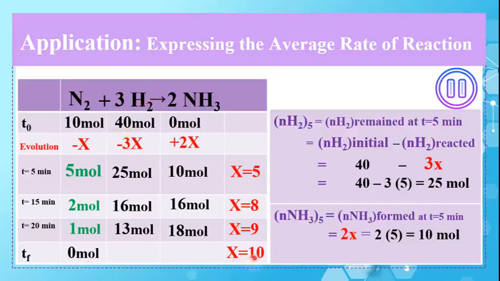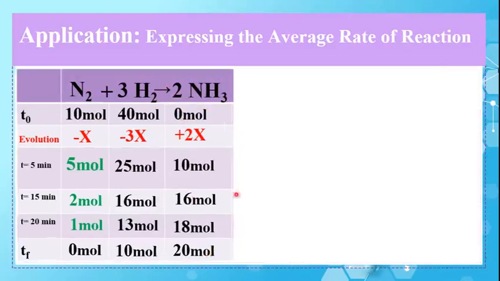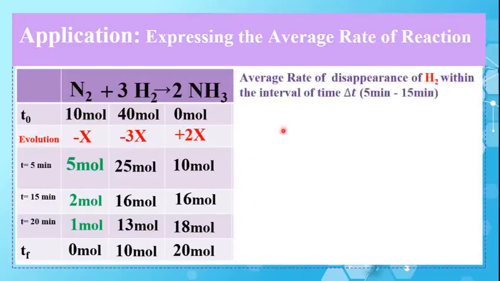For x equal 10, we will get 10 moles, and the number of moles of NH3 produced at the end of the reaction, which is the maximum value reached, is equal to 2 times 10 equal to 20 moles. We will use this table to determine the average rate of disappearance of H2 within the interval of time 5 minutes, 15 minutes.